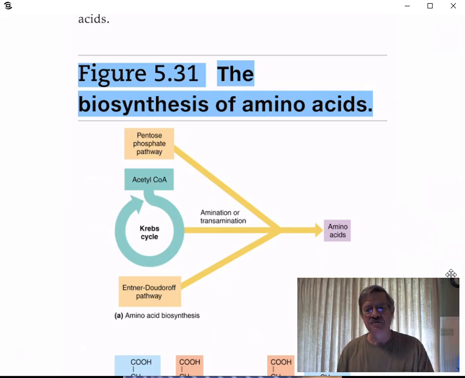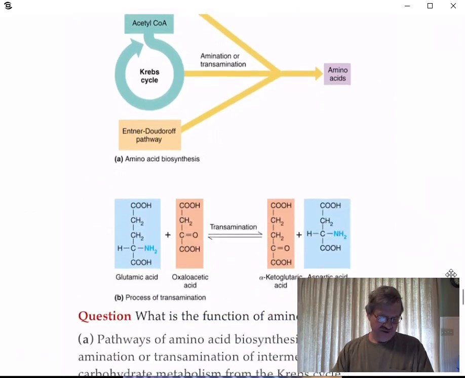Those are pathways of respiration that eukaryotic organisms do not have. Okay? Now then, there's also the possibility of using the Krebs cycle right there as a means of producing these amino acids. So let's go on down here and look at this.